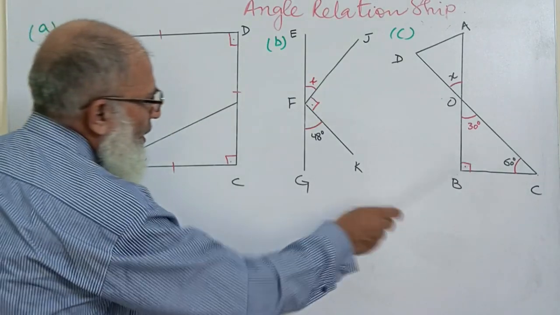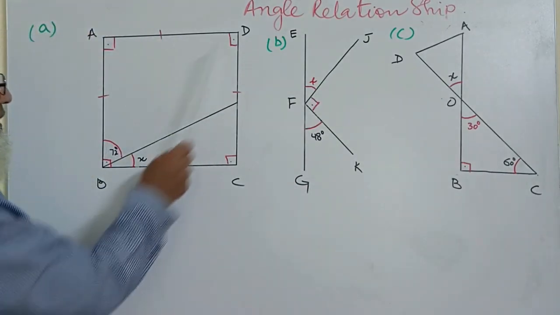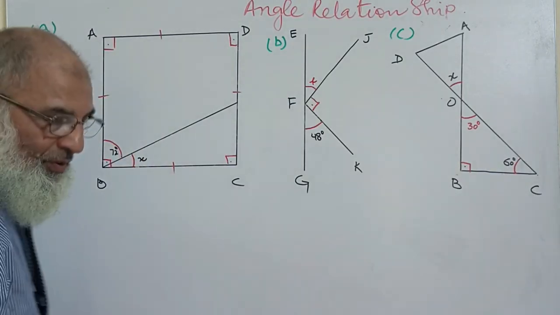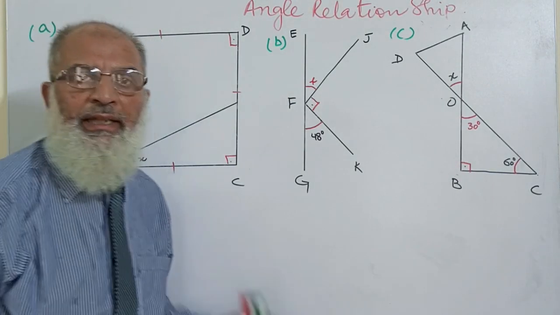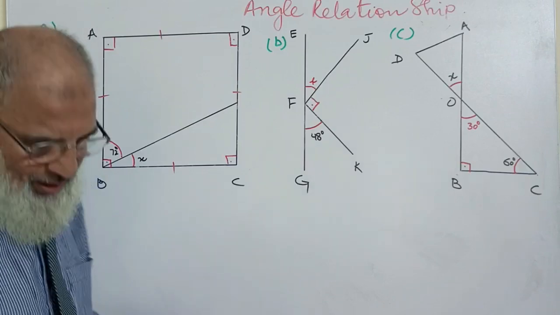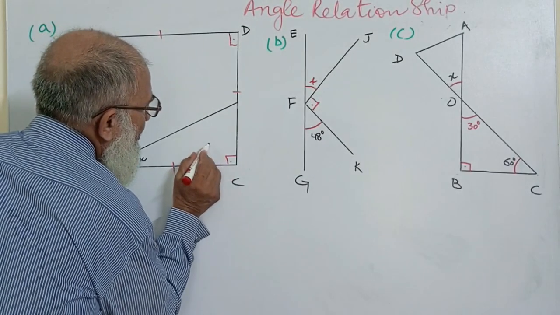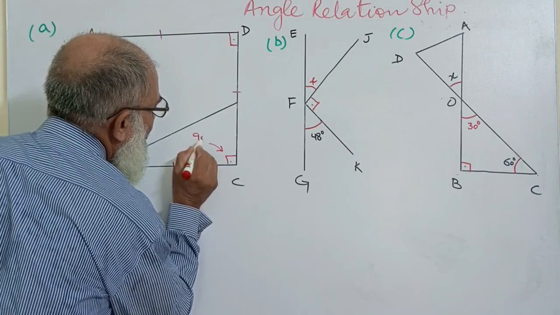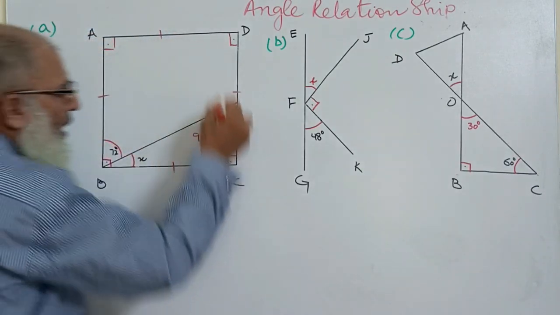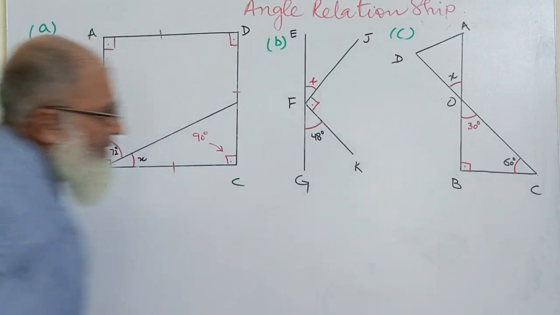Okay, all these signs indicate that this is 90 degree. So there is no need to write 90 degree when this sign is mentioned on the figure. So this sign is what? 90 degree in all of these situations.